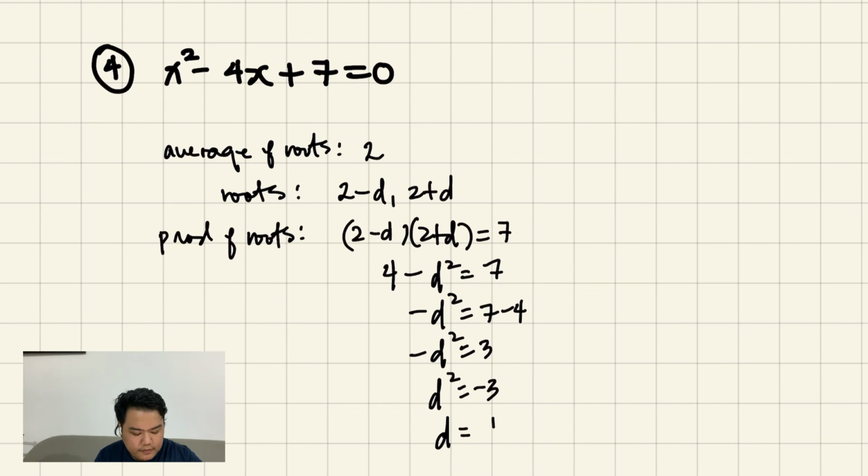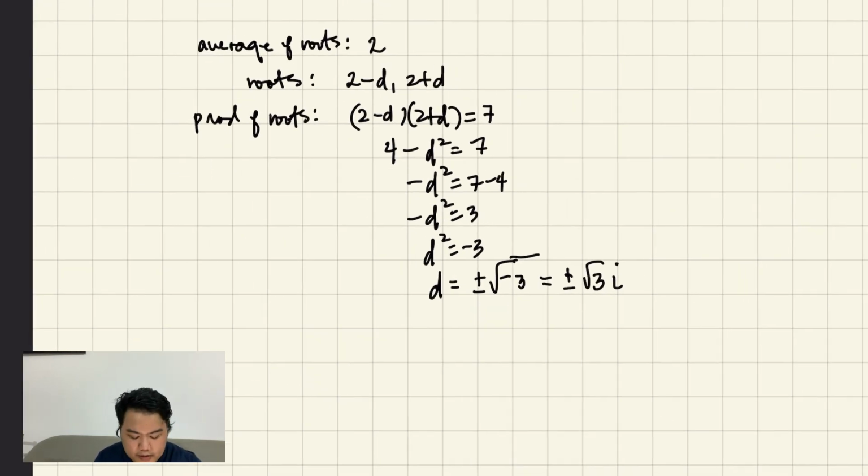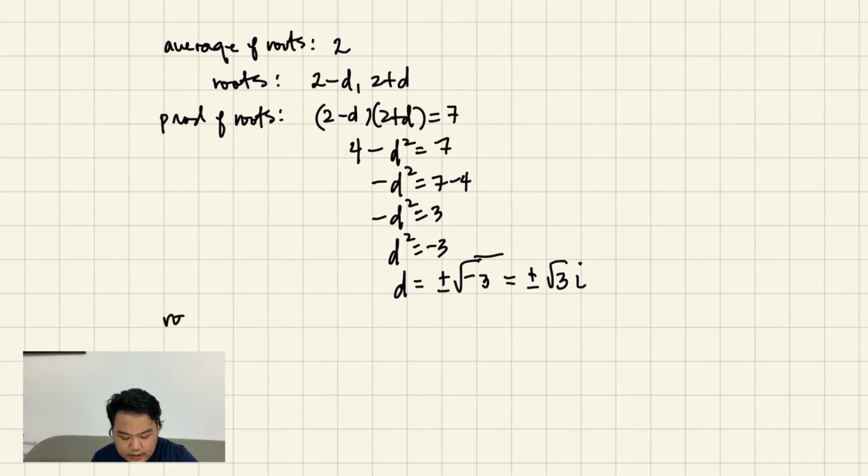So, d is plus minus square root of negative 3. So, meron kang square root ng negative. You can get rid of the negative sign inside, pero maglalagay ka ng i dun sa labas. So, pwede mong i-take yung positive or negative, it doesn't matter. So, yung actual roots na hinahanap mo are 2 minus square root ng 3i, tsaka 2 plus square root ng 3i.